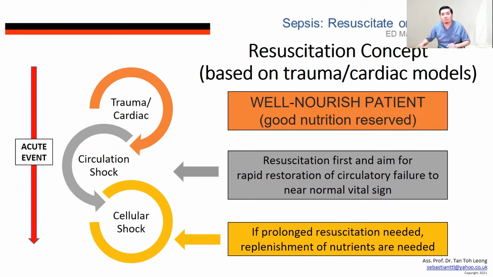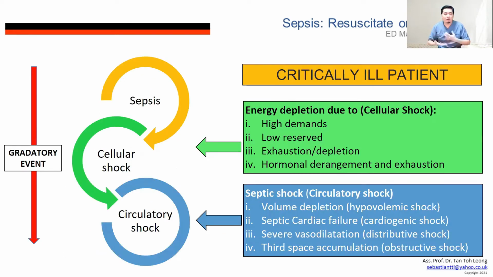Usually this is an acute event, but vice versa, a patient with sepsis usually comes from a chronic infection and later develops into sepsis. They are usually critically ill.